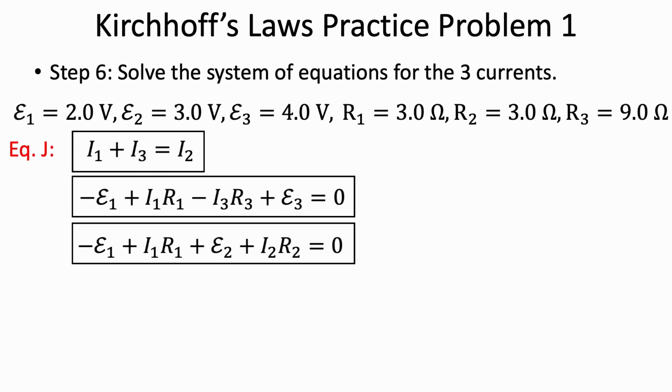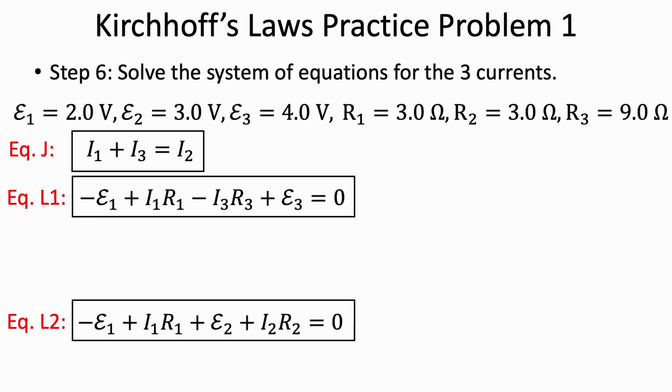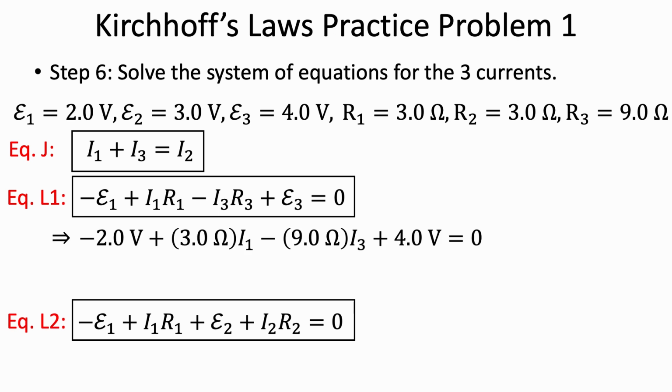Let's call the first equation J because we got it from the junction rule, and the second and third equations L1 and L2 because we obtained them from loop 1 and loop 2 respectively. Let's simplify L1. Plugging in the values for E1, E3, R1, and R3, we get this equation.